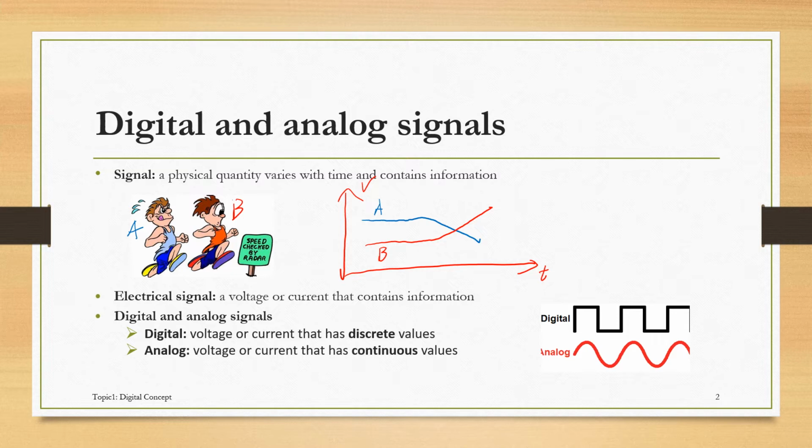It just changes from one value to another quickly, from high value to low value, or from low value to high value. But for an analog signal, the voltage or current has continuous values, like a sinusoidal waveform, that's showing on the right.